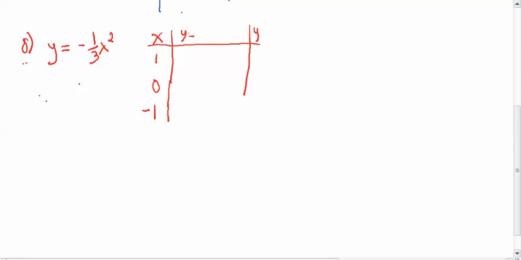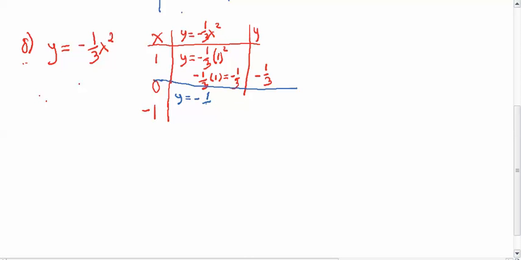So I've got my problem, y is equal to -1/3 x squared. I plug in 1, so y is equal to -1/3, and 1 squared is 1. So -1/3 times 1 is -1/3. There's my first problem. Then I'm going to do the next one. I'm going to say y is -1/3 times 0 squared, which is just 0. 0 times -1/3 is 0.